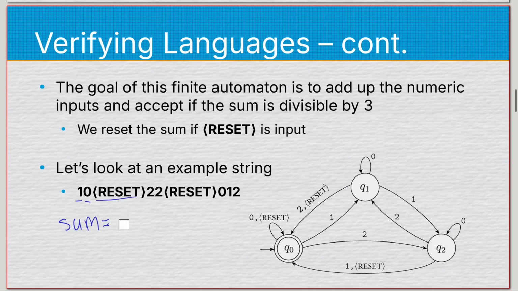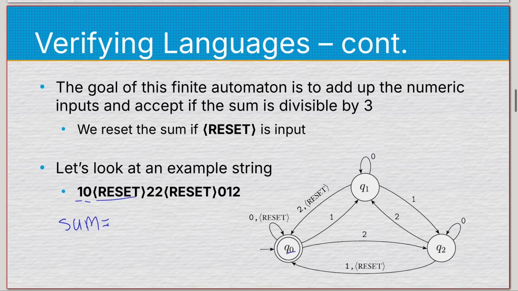If we reset, clearing out the sum, we're back to Q0. Also, this sum of 0 is divisible by 3, so that is correct. The empty string would be okay, because 0 is divisible by 3, technically. It's a little bit weird.